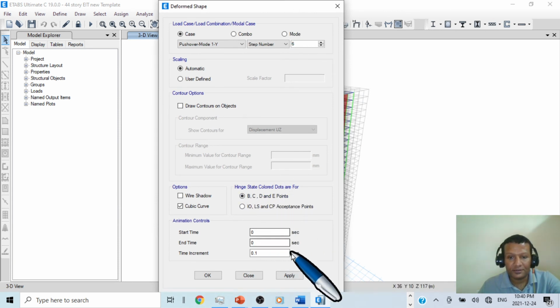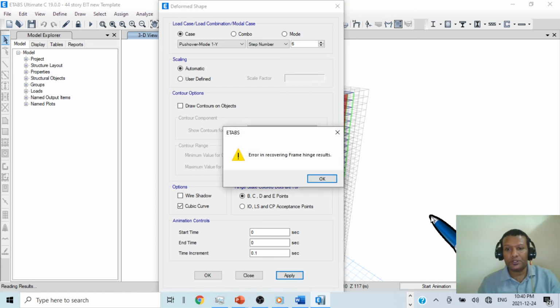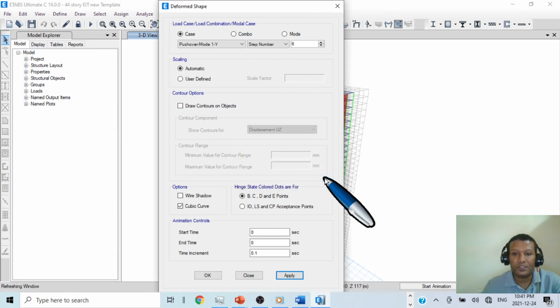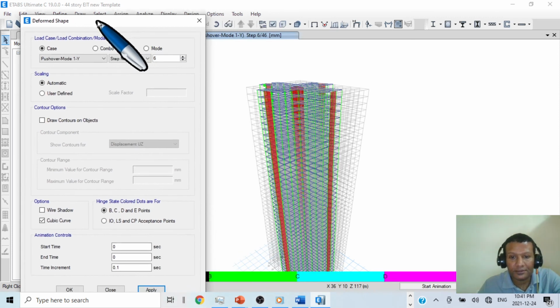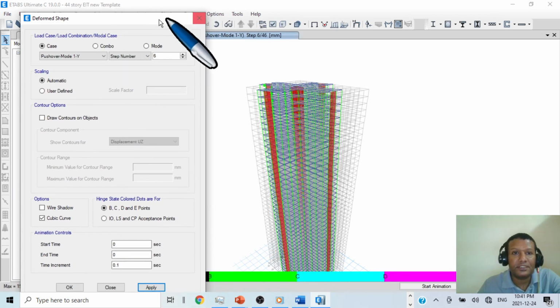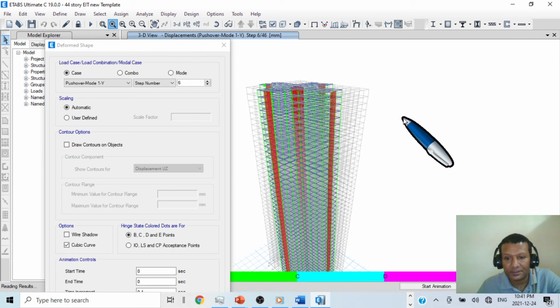So if you want to see, for example, these points, we already applied force-deformation curves for each point. For beam and column we use plastic hinge modeling. For shear wall we used fiber hinge modeling. So wait, let me make it center, so you can see it better.